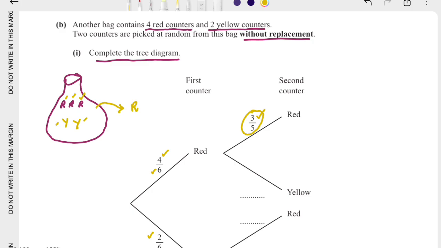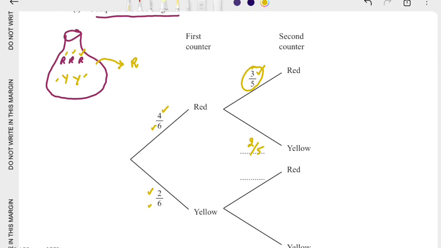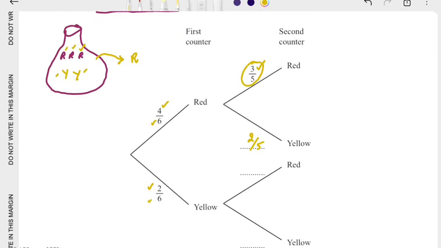Now, look at the second branch for yellow. There are two yellows and total is 5 again. Now for the next branch, now there are 4 red and we have to take out one yellow counter from the bag.